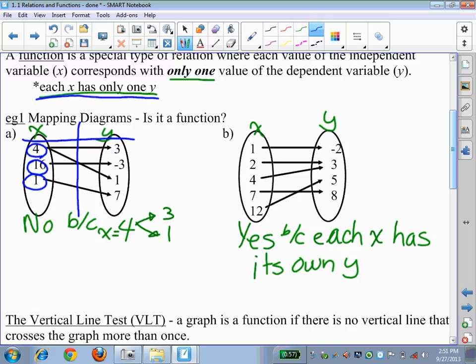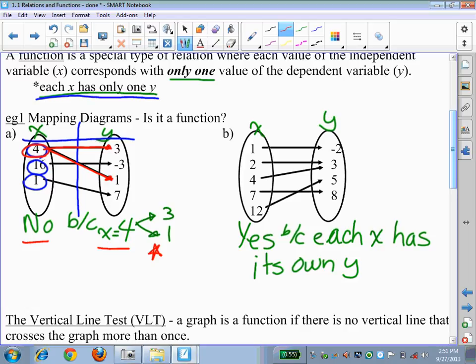I'm going to focus on the first coordinate here, which is 4. When you have x of 4, y can either be 3 or it can be 1. In this case, that tells us that no, this cannot be a function because one value of x has two answers of y, and you cannot have that.